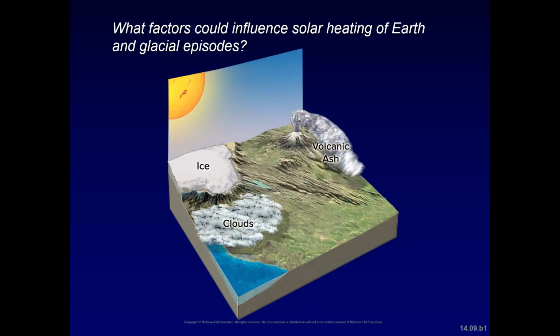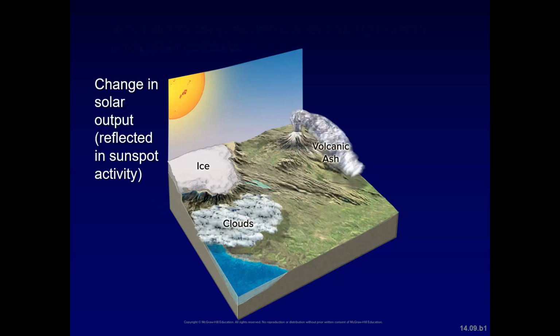Okay, so this scene has volcanic ash from a volcanic eruption, glacial ice, clouds, and the sun, of course. We could have a change in solar output, say an increase in sunspot activity interpreted to be accompanied by an increase in solar output, so more heat.